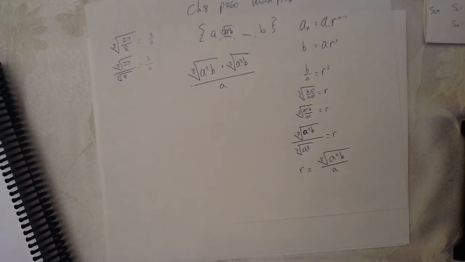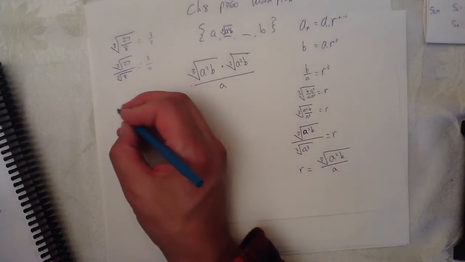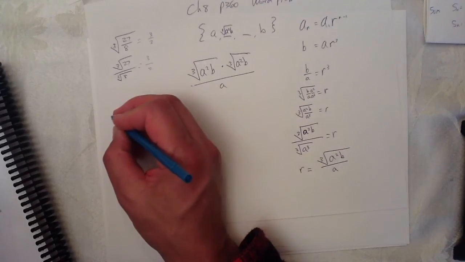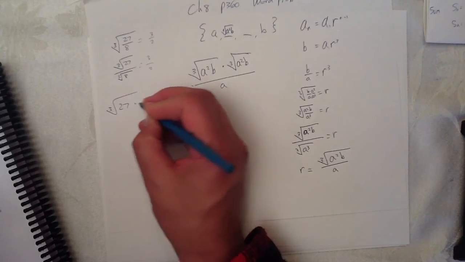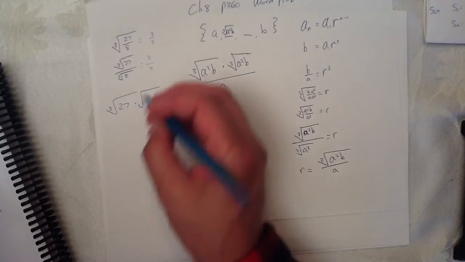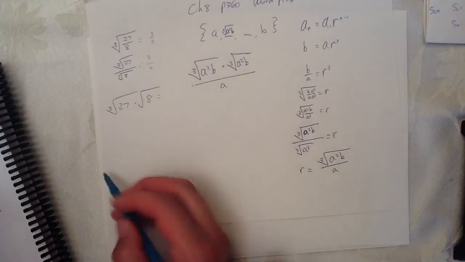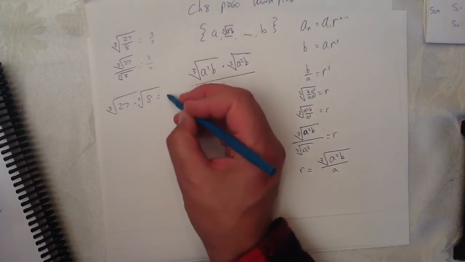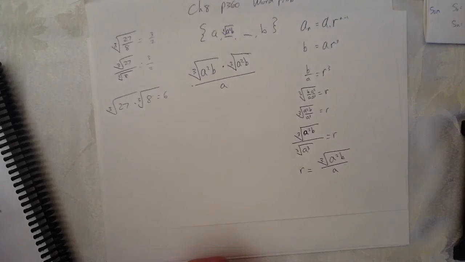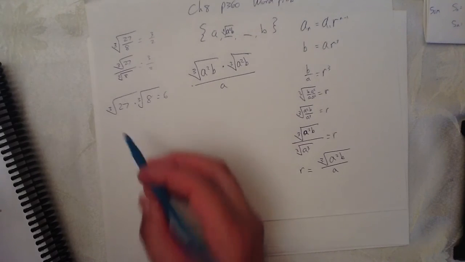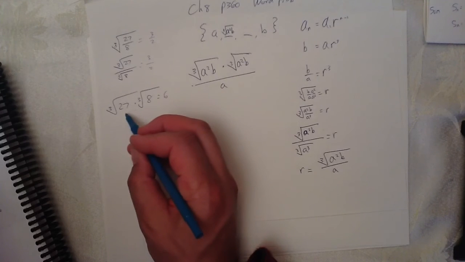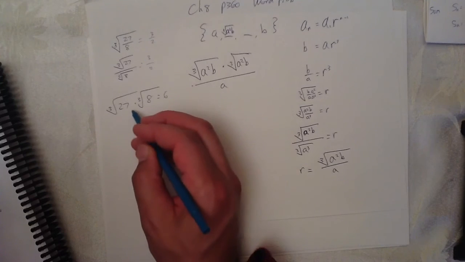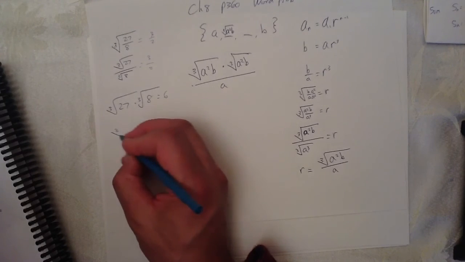I guess I could test it. Let's see. The cube root of 27 times the cube root of 8. I know that should equal 3 times 2, which equals 6. So is that the same as the cube root of 27 times 8? What's that? 216. Is that the same as this?